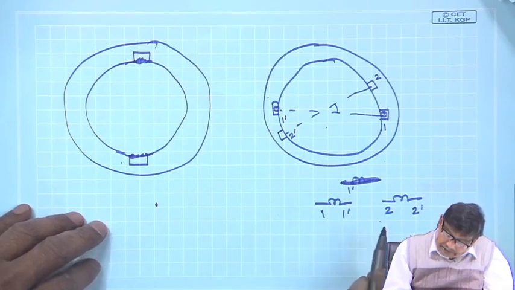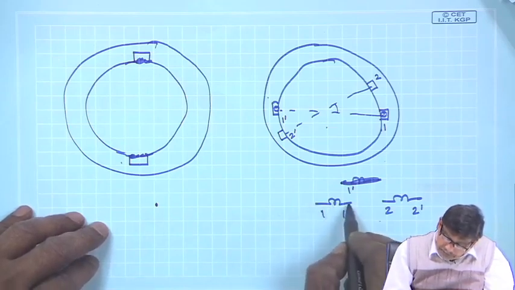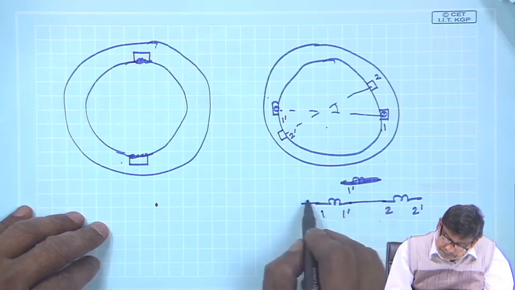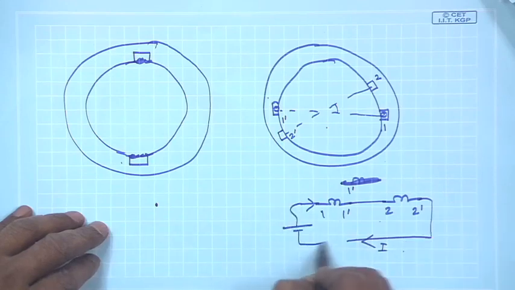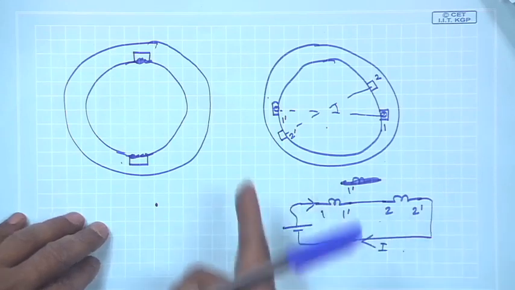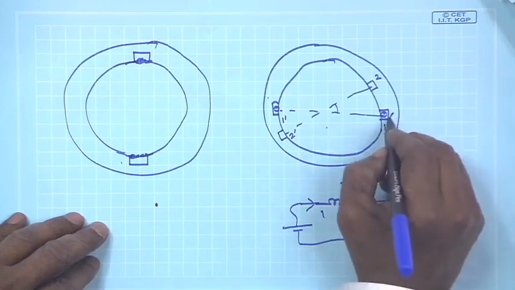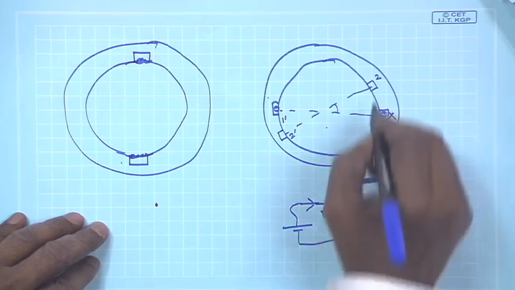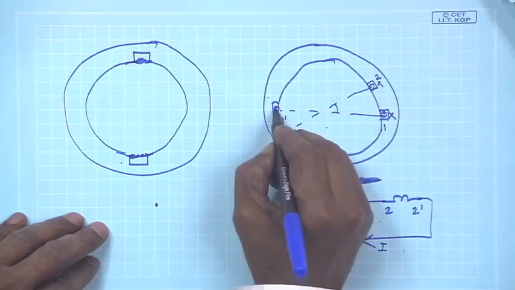And then I will connect them such that current enters through one and comes back, that is, connect a source here, and then the distribution of the current will be 1 cross, 2 cross, and these two are dots.